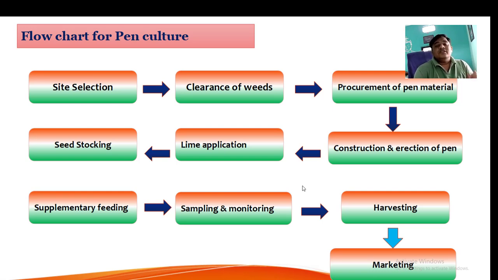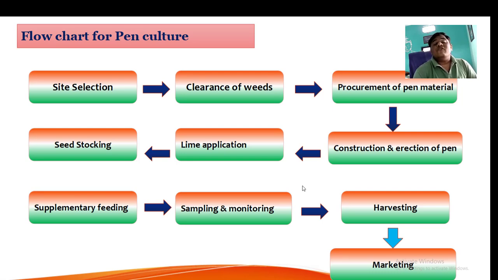Then if weeds are present in the water body, before releasing the fishes in the pens you have to clear the aquatic weeds. Whether emergent weeds, floating weeds or marginal weeds, you have to remove these weeds from the water body.